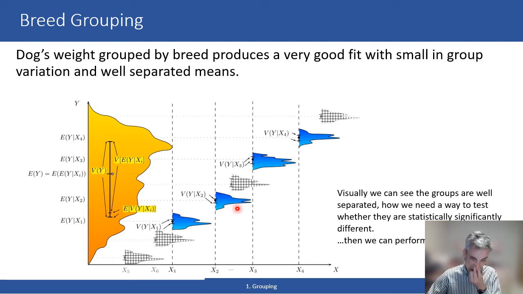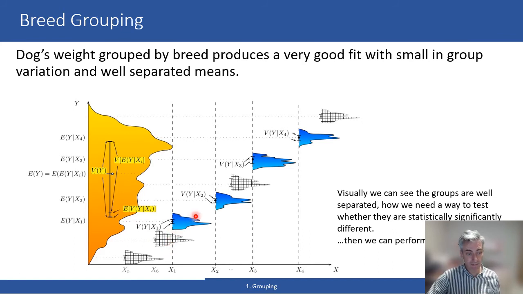So this allows us to visually see that this strategy of grouping the dogs by breed produces lots of small distributions that can explain this overall weird population distribution.